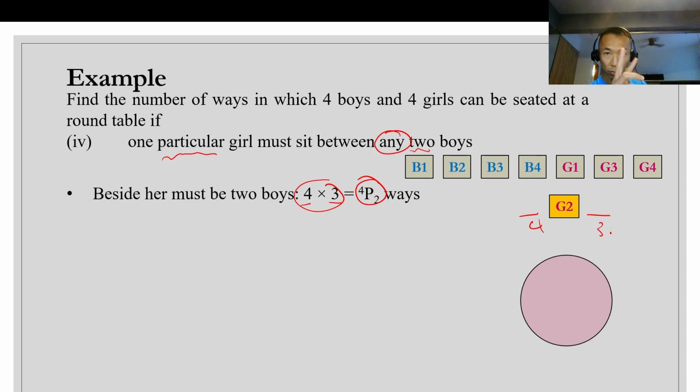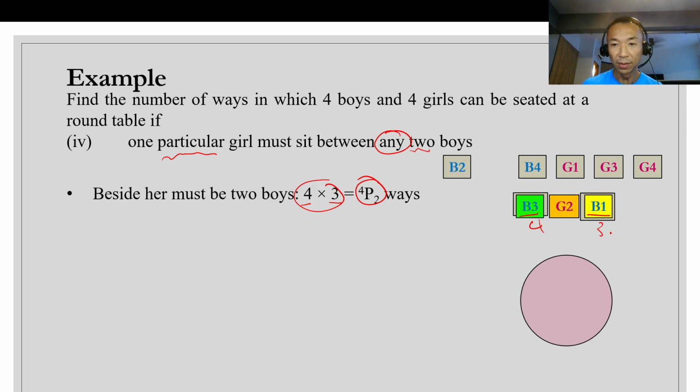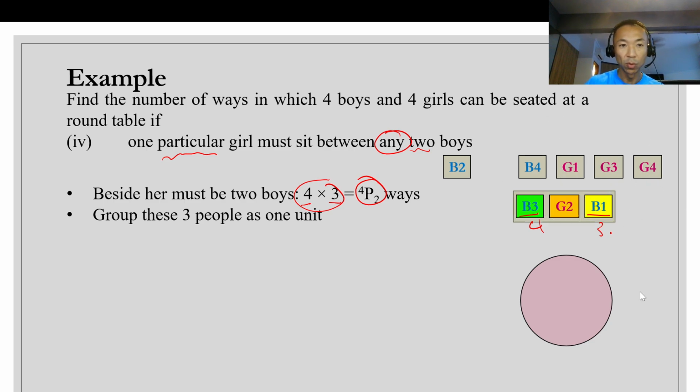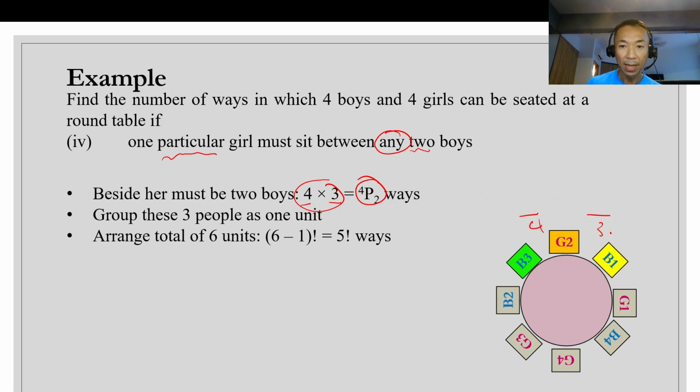Then you group them as a group. Treat the 3 people as one unit. Again, 1 unit, 2 units, 3 units, 4 units, 5 units, 6 units. So therefore, you have 6 minus 1 factorial, 5 factorial. And that's that.